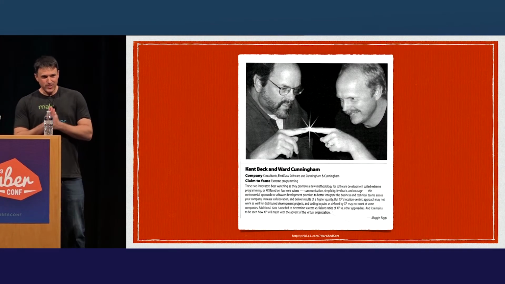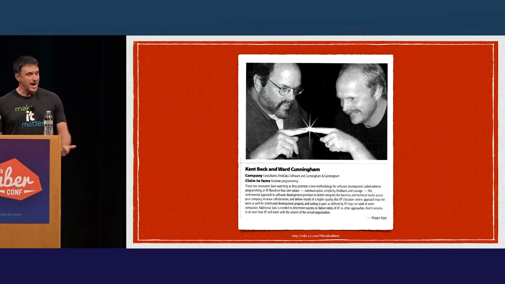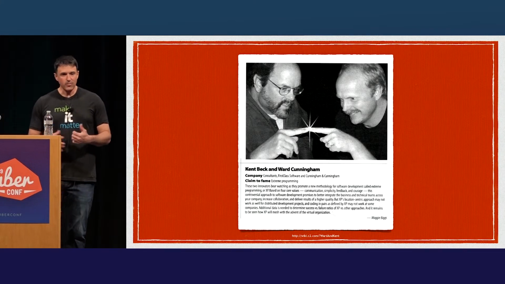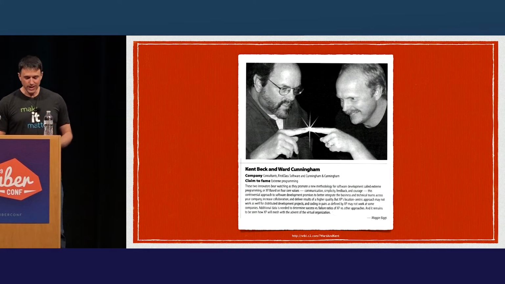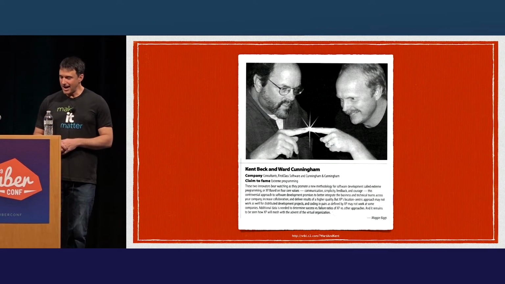So let's take another trip down memory lane, I guess, for me. In the late 90s, Kent Beck and Ward Cunningham, some other developers with a background in Smalltalk, were doing some work for the auto industry in Detroit. They created this software methodology that looked very different than what was the standard at the time.